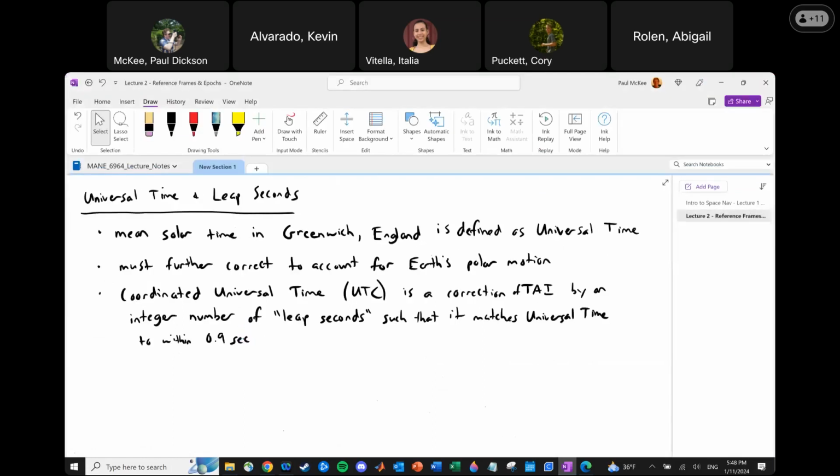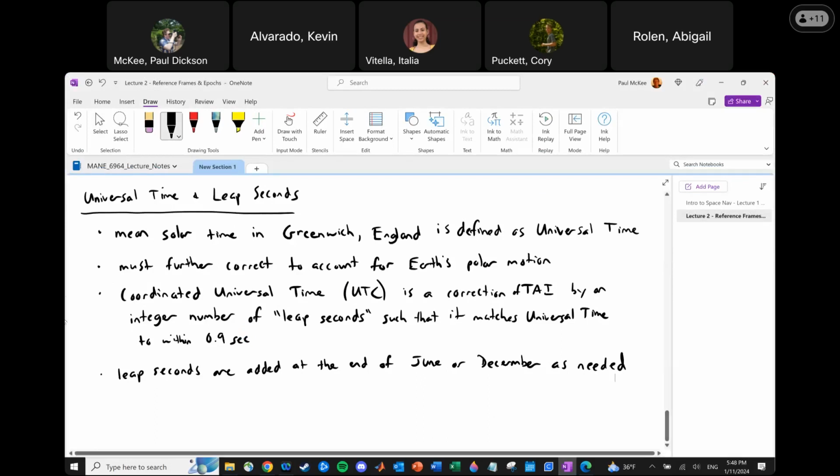My OneNote's getting a bit freezy right now. Leap seconds are added at the end of June or December as needed by the Time Council.